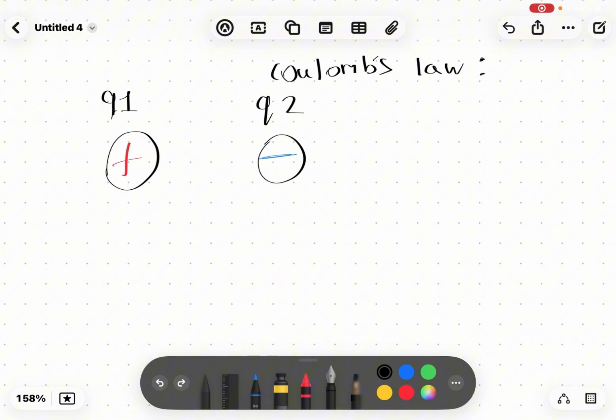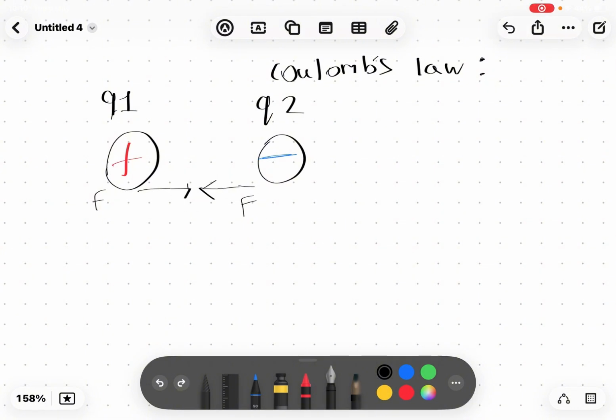So Q1 will feel a force towards Q2, and then Q2 will feel the same force towards Q1. These forces are the same in magnitude. Magnitude is the number, how strong the force is. But they're different in direction, because they're going opposite ways.